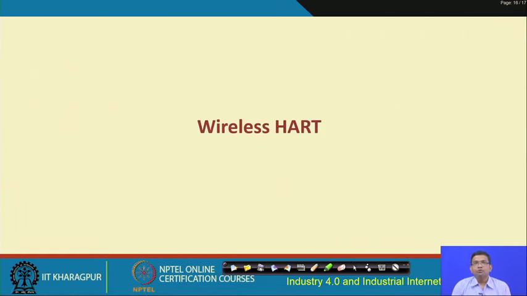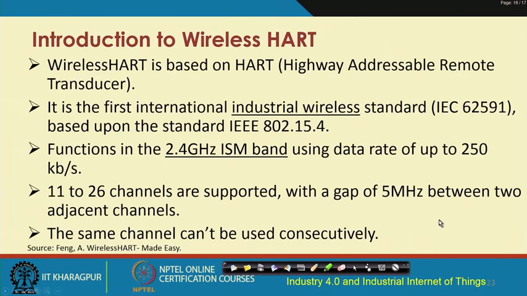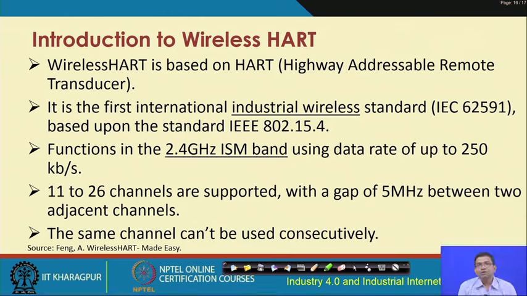Now let us come to another protocol, which is the wireless HART protocol. This wireless HART protocol is used particularly for industrial applications. The full form of HART is Highway Addressable Remote Transducer, and it is based on the IEEE 802.15.4 standard once again.